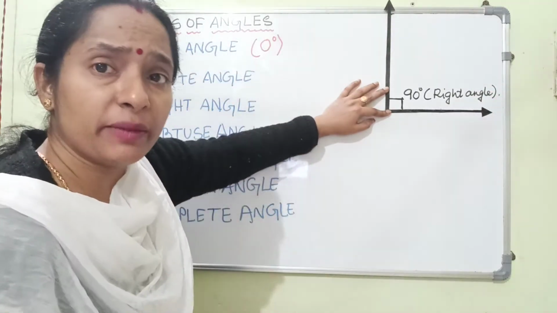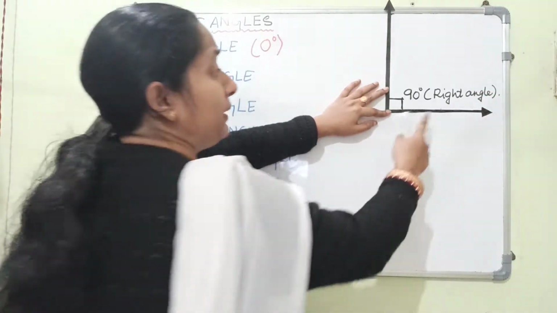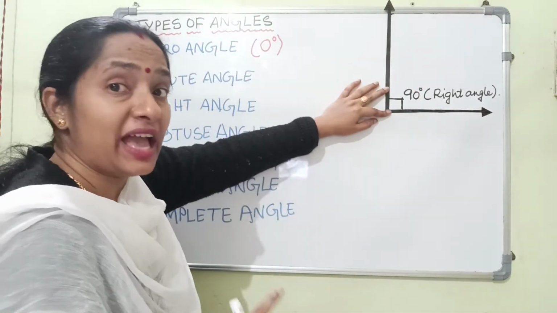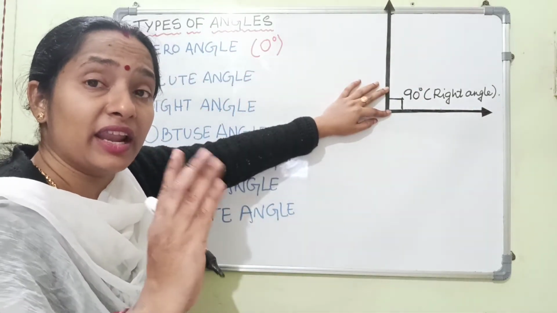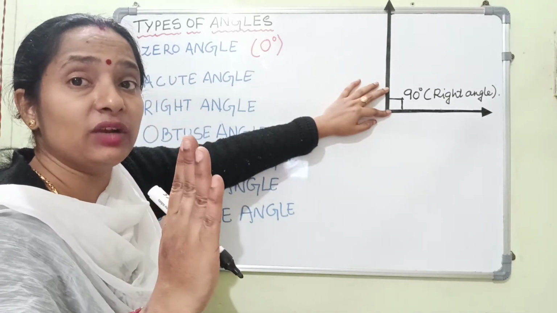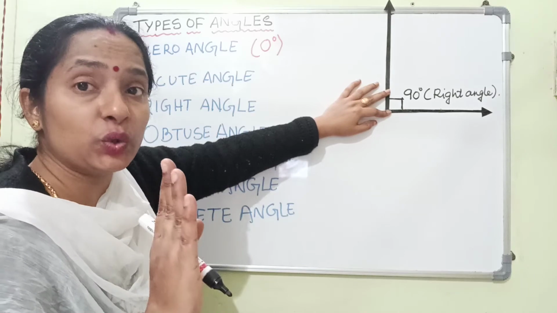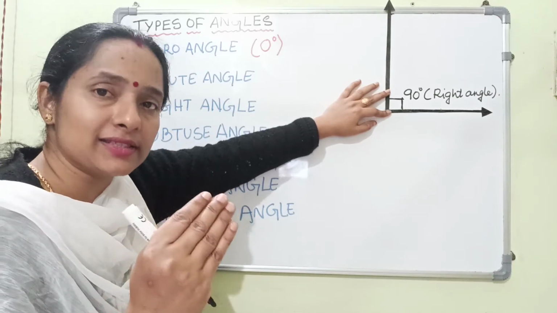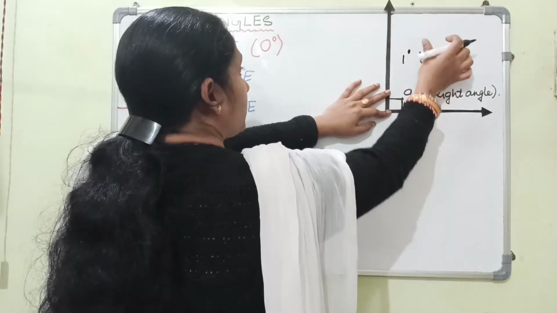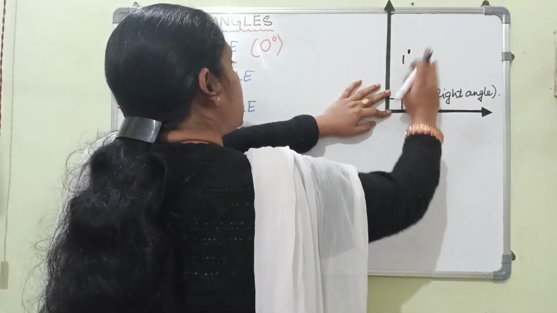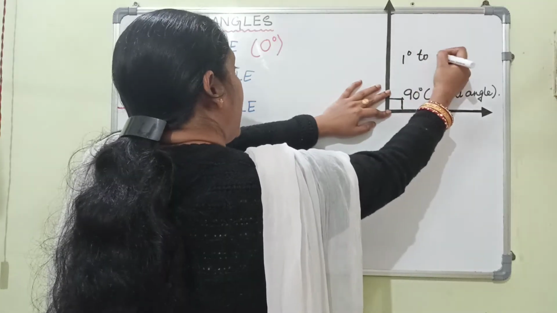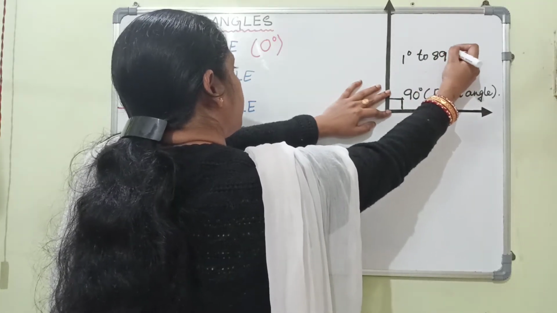But what about the angles that are between this zero angle and the right angle? The angles that are lying between zero angle and the right angle will be called acute angles. So the angles starting from 1 degree to 89 degree.